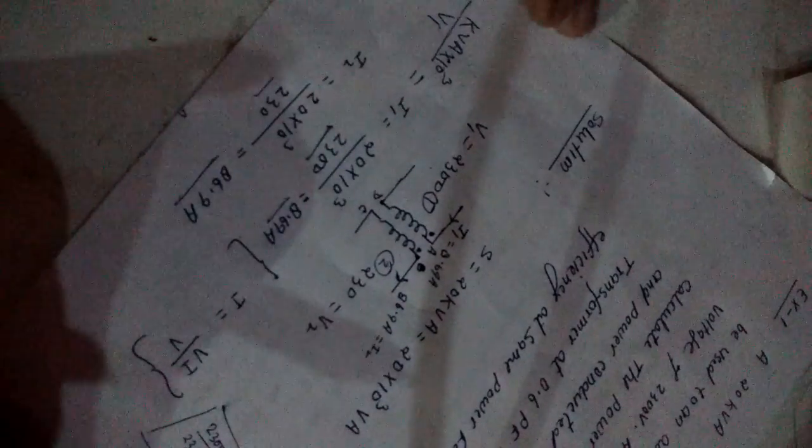For this, in the given question, there is a 2-winding transformer and we have to make an auto transformer with the help of this 2-winding transformer. For this, we have to analyze the 2-winding transformer first.